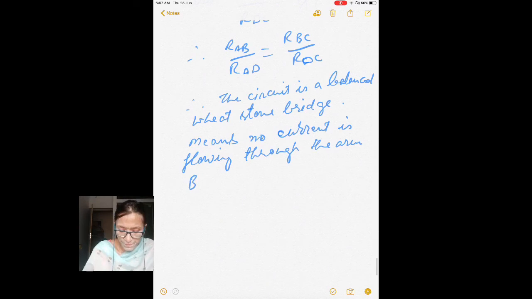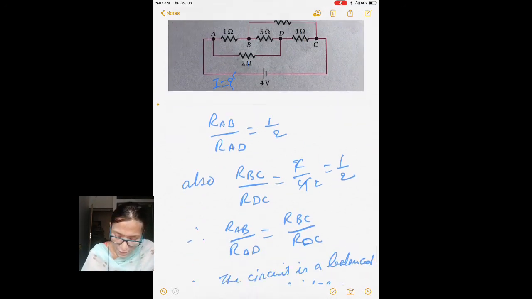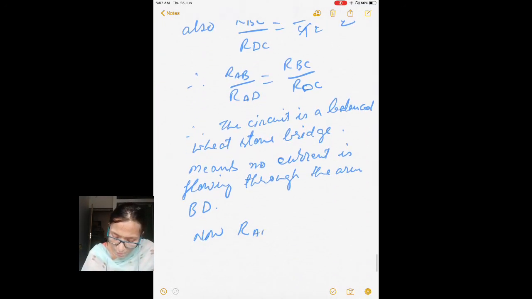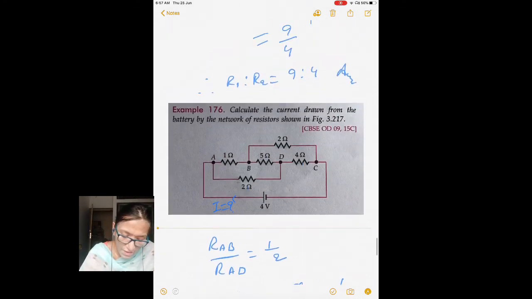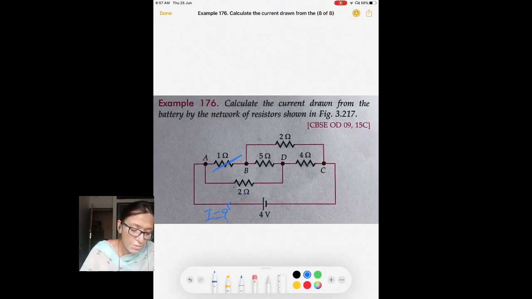Now, R equivalent of ABC: RABC is equal to 1 plus 2 ohm, which is equal to 3 ohm. You could see here 1 plus 2 is equal to 3, and then 2 plus 4 is equal to 6.